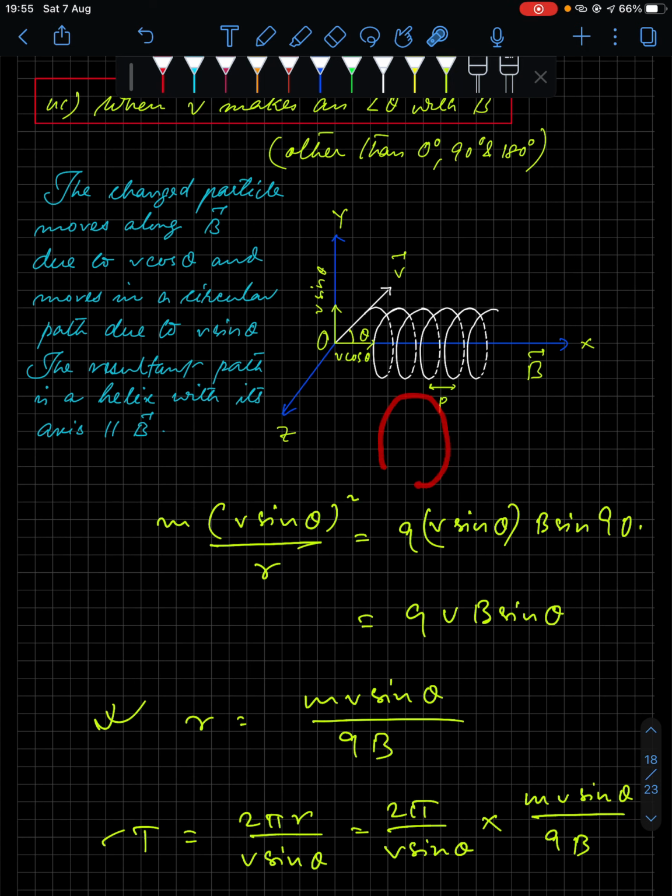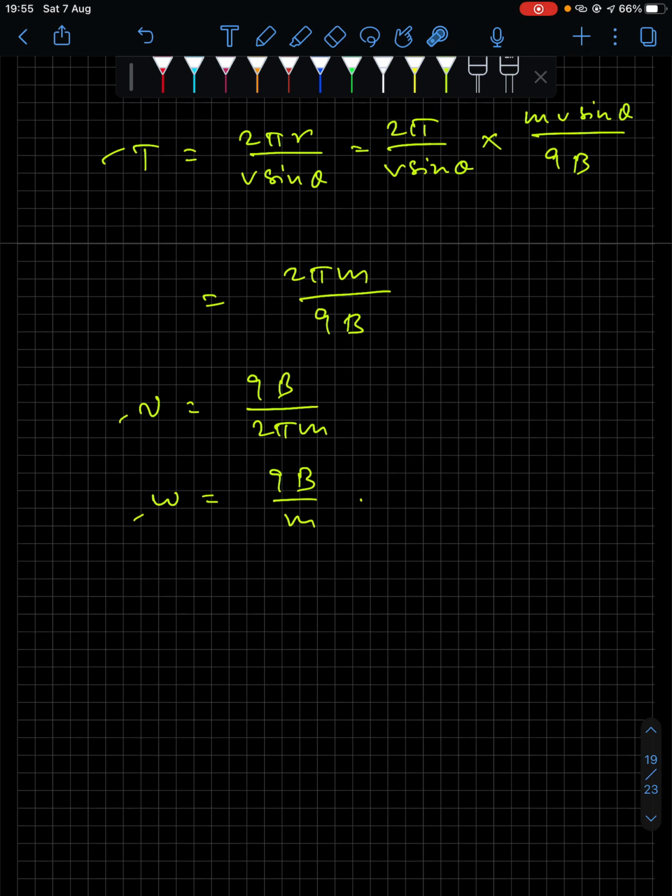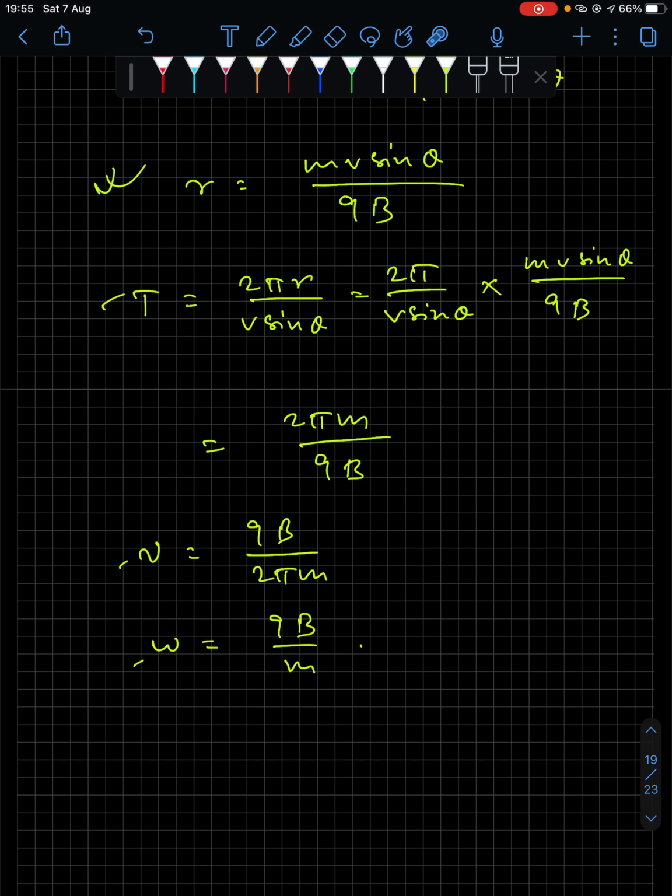Try to understand that for the completion of one complete cycle, since I have shown this distance to be p, from here to here, this is pitch.